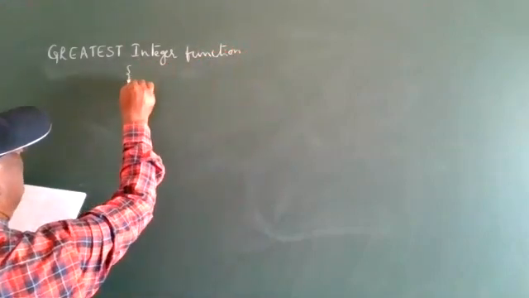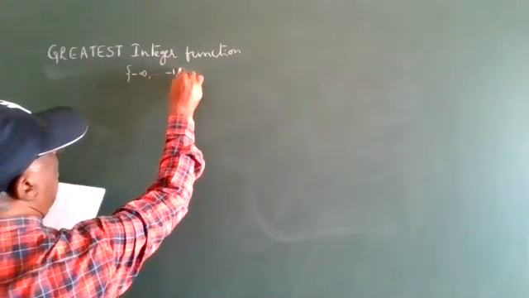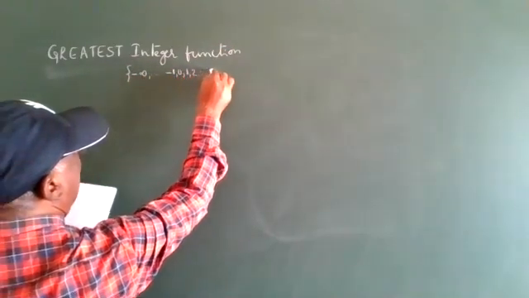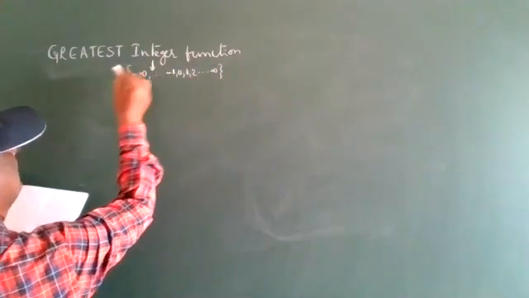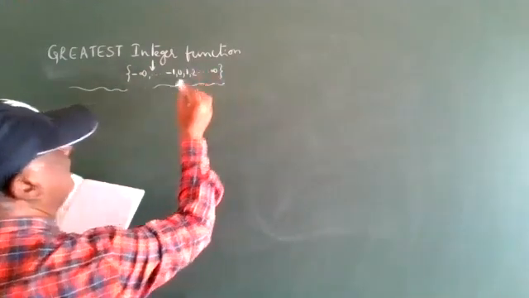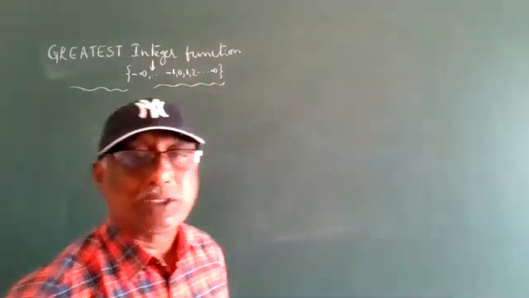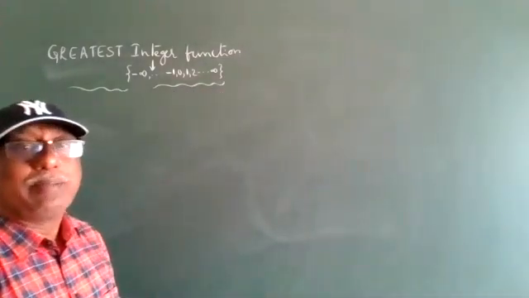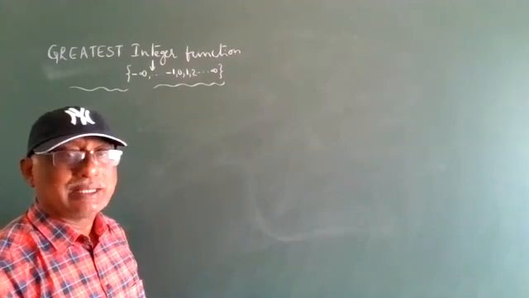Integers means we have the idea: minus infinity to minus 1, 0, 1, 2, 3, up to plus infinity. These are the integers. Greatest integer function uses these values only. Those numbers are only integers. Okay?